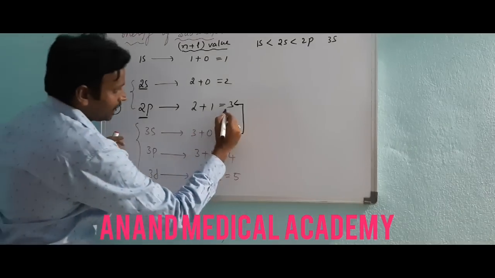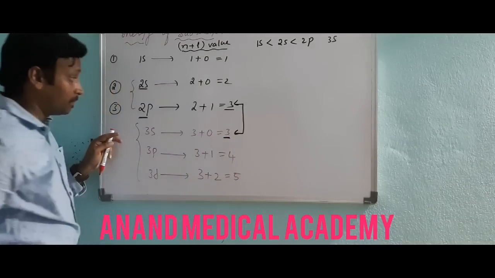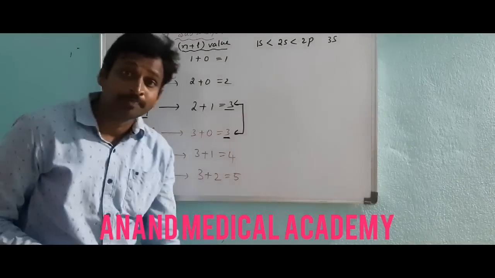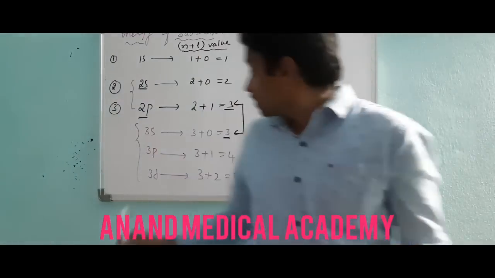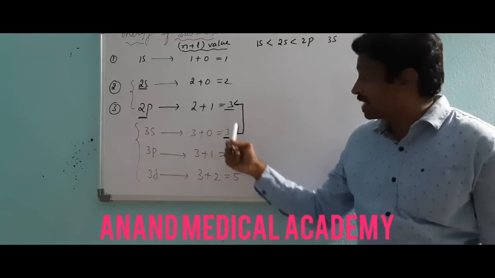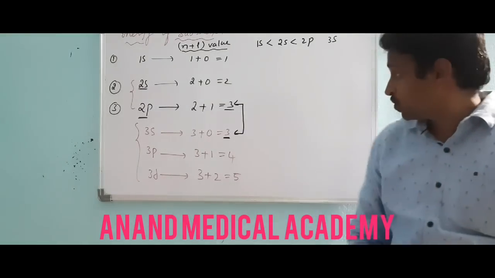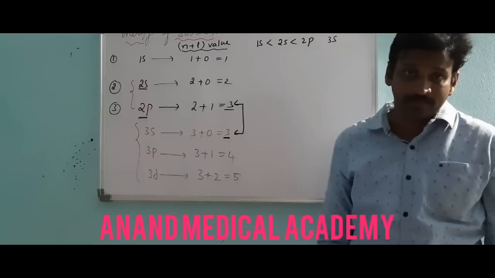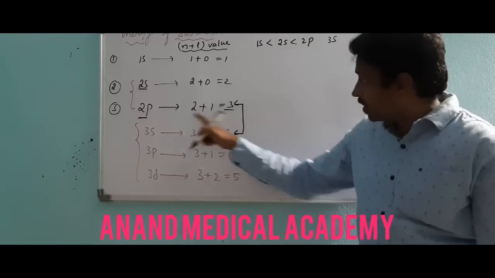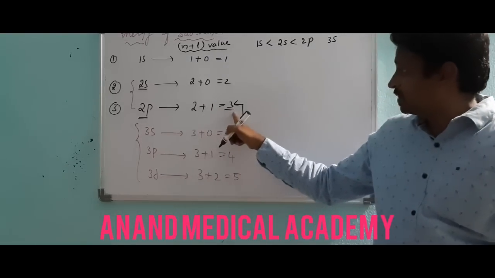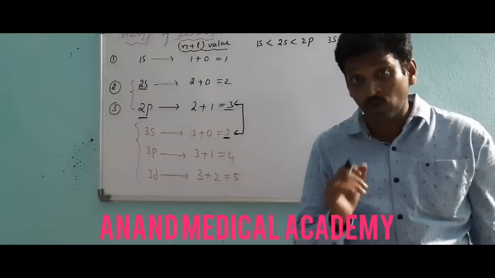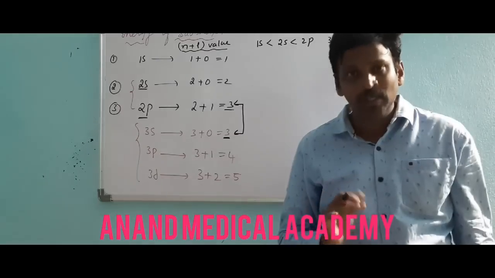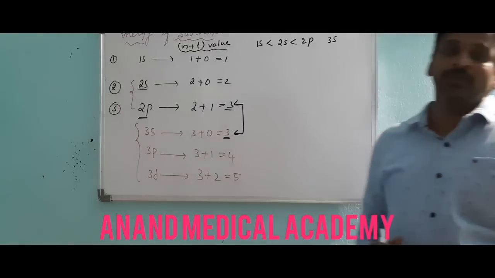For 2p the n plus l value is 3, and for 3s the n plus l value is also 3. For both the n plus l value became the same, then what to do?